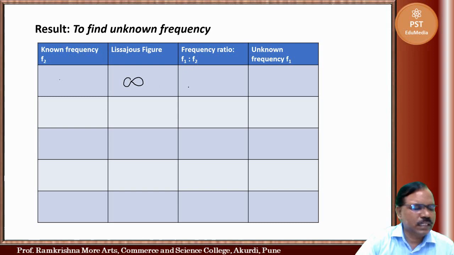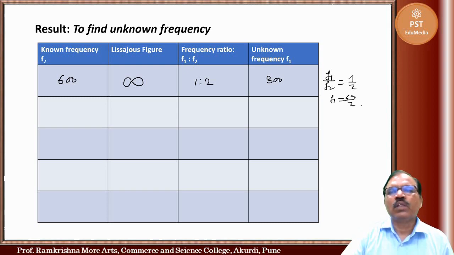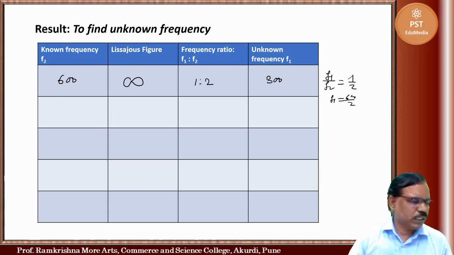So the frequency ratio is 1:2, and the known frequency was 600. So I got the unknown frequency, that is 300. Here f1 upon f2 is equal to 1/2. f2 is 600, so f1 is 600 by 2, that is 300, and we have demonstrated that.